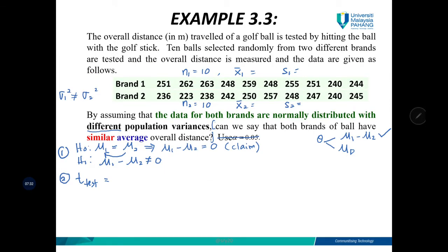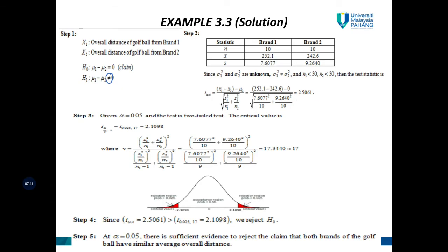When alpha is not given, we need to assume alpha is equal to 0.05, the standard alpha. So alpha used here is 0.05. Since the test is 2-tailed, we need to divide our alpha by 2.